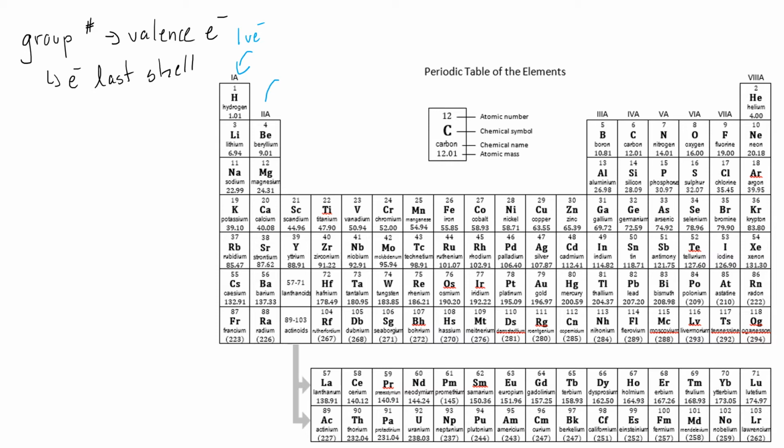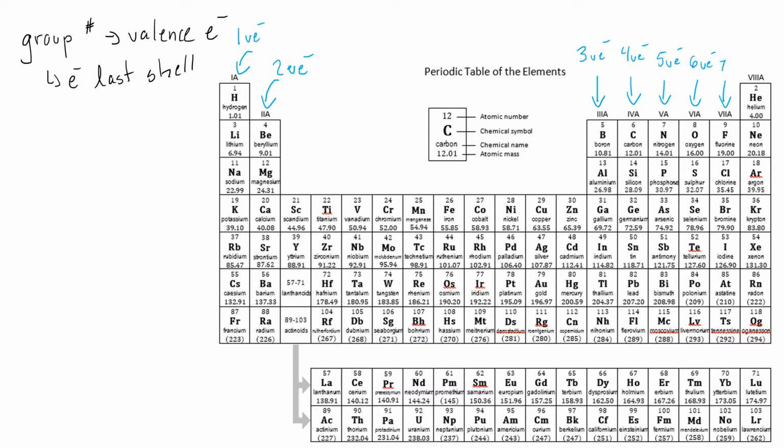Group number 2 would be our second column with 2 valence electrons. Group 3 with 3 valence electrons. Group 4 with 4 valence electrons. Group 5 with 5 valence electrons. Group 6 with 6 valence electrons.